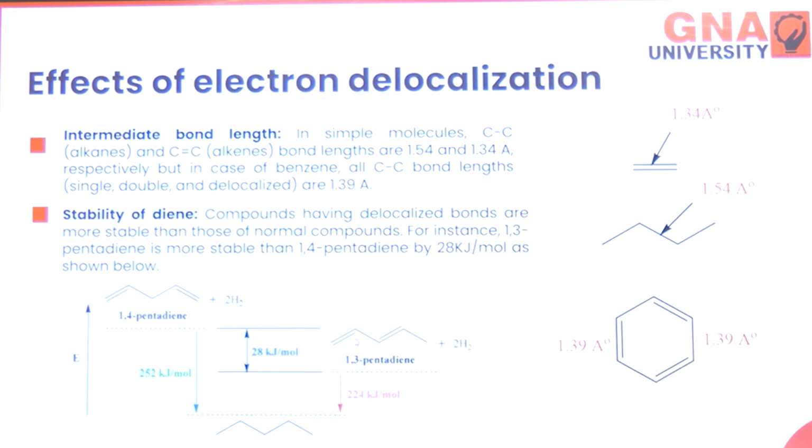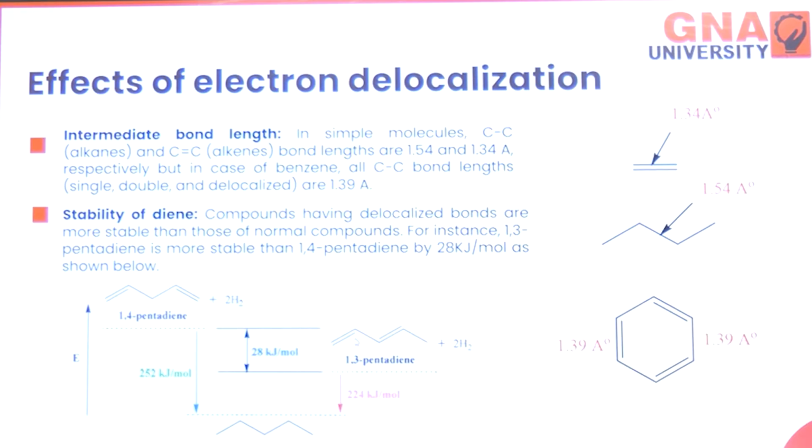The second effect of electron delocalization is stability of dienes. If we compare two pentadienes, that is 1,3-pentadiene and 1,4-pentadiene, we can see in the diagram that 1,3-pentadiene is a conjugated system, the pi electrons are delocalized, so it has an energy of 224 kilojoules per mole.